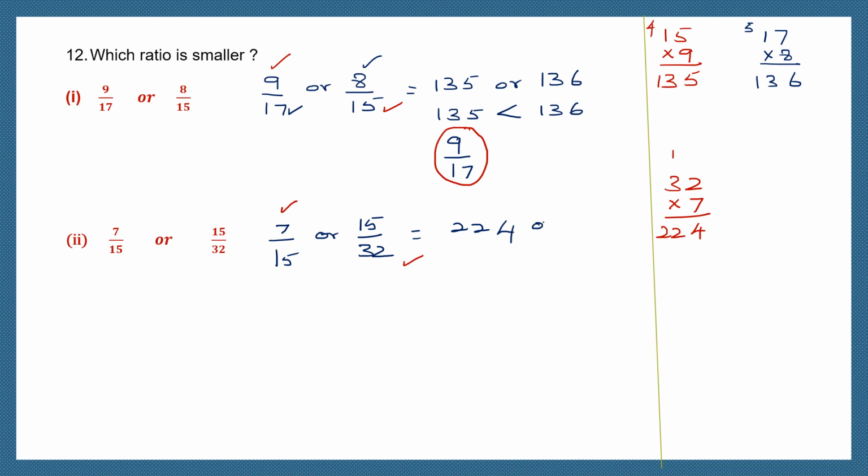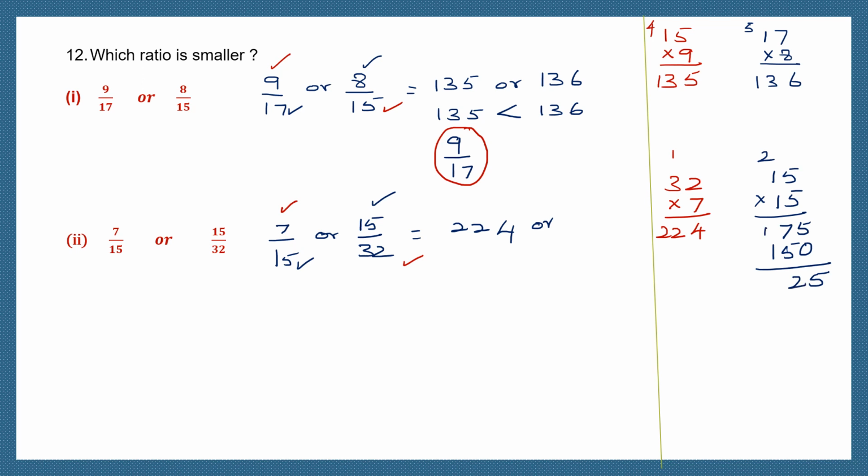Now, is this the smaller one, or what's the next one? 15 into 15. 5 fives are 25, carry 2. 5 ones are 5, 6, 7. Second step, 1 fives are 5, 1 ones are 1. 5. 7 plus 5 is 12.